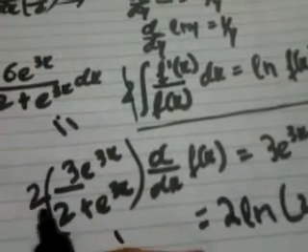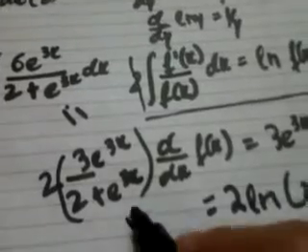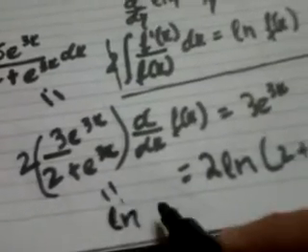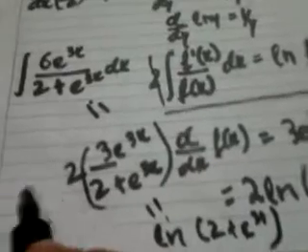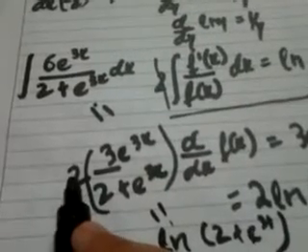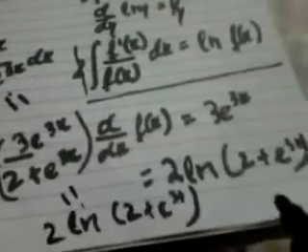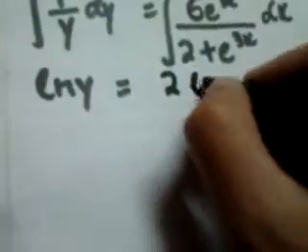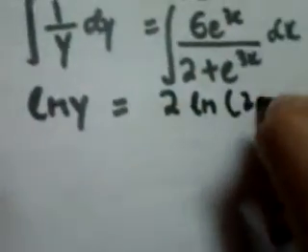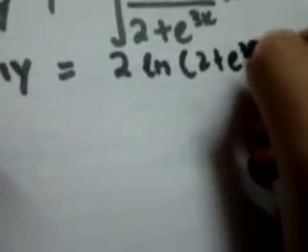Therefore, using that rule, this is equal to 2 ln(2 plus e to the power 3x).